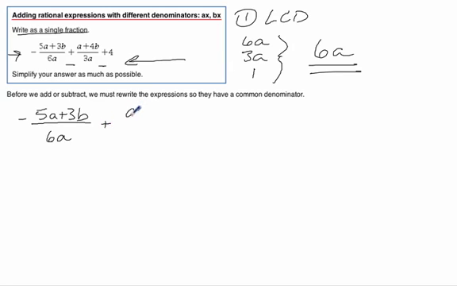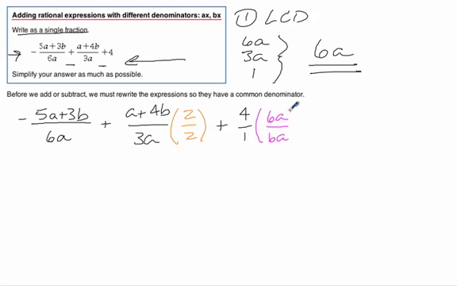Now in this one, the a plus 4b all over 3a, we do have to multiply that by something. That's going to be 2 over 2, isn't it? Then we have plus 4, but I'm going to write that as 4 over 1, so it's a fraction, so it matches how the others look. And what do we have to multiply by? 6a over 6a, so that we have common denominators.